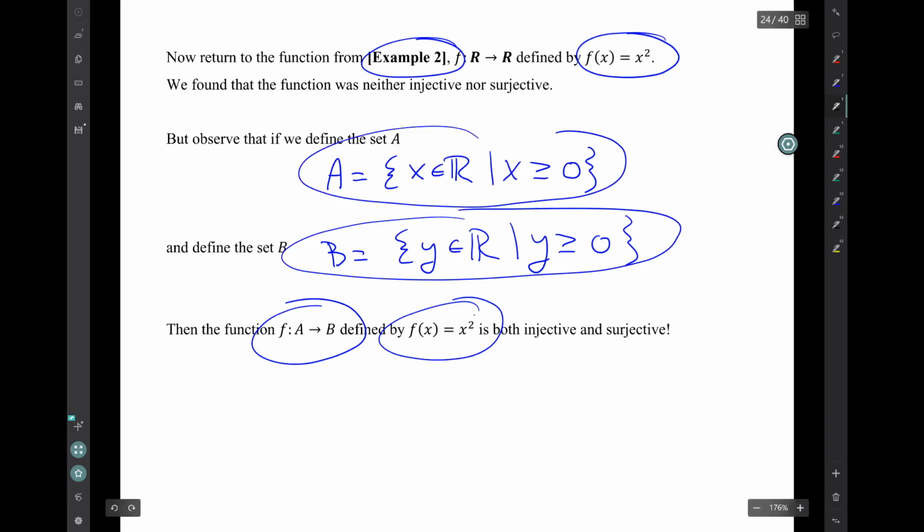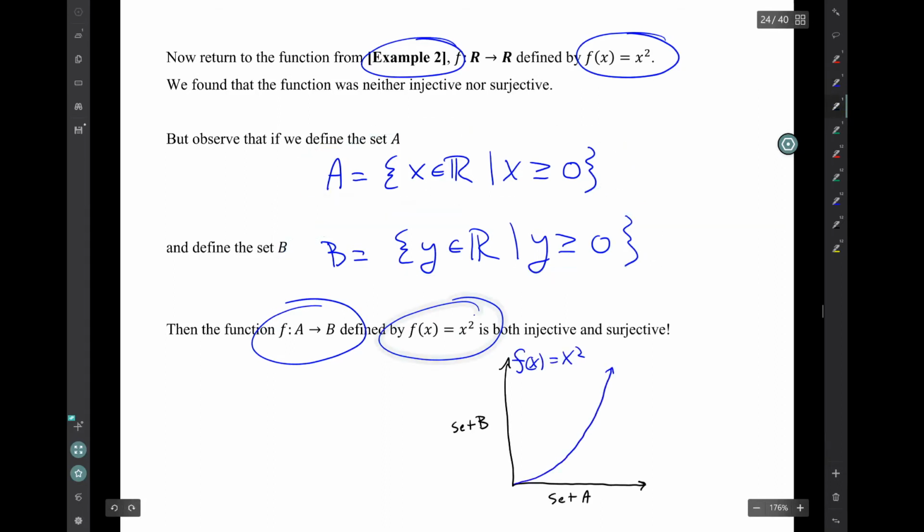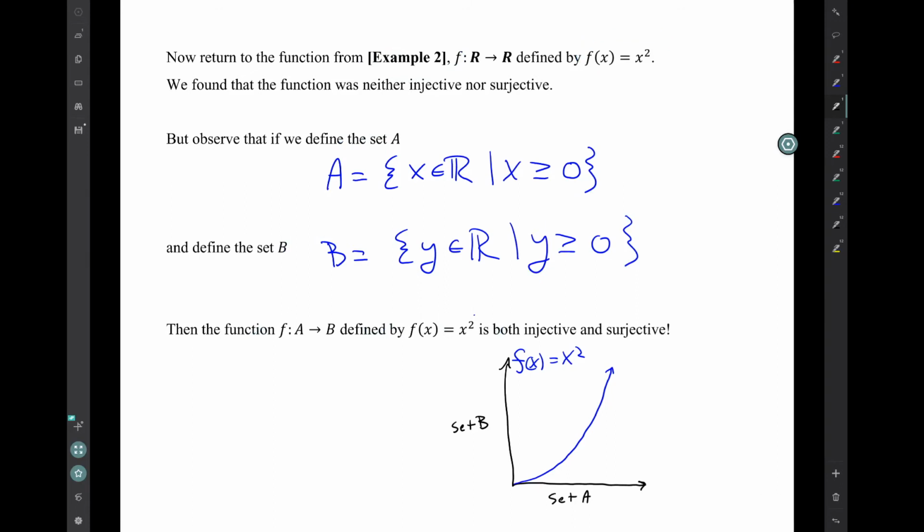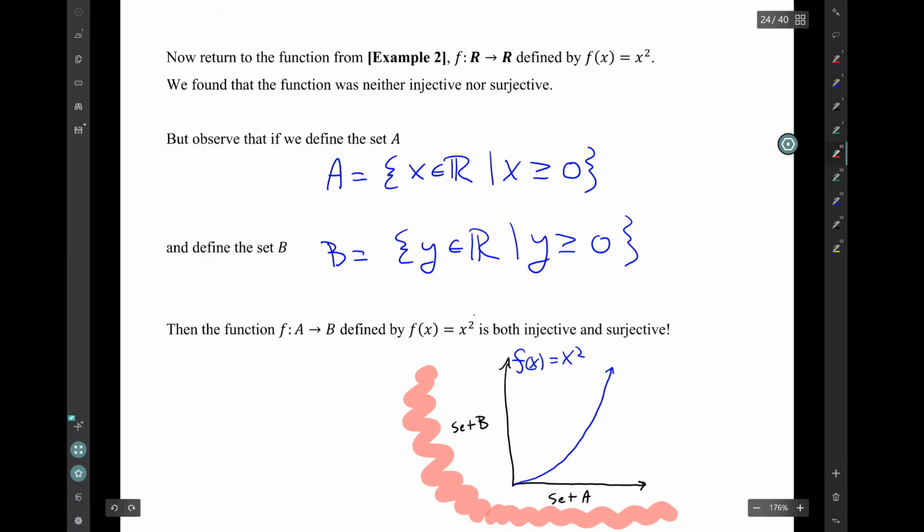Here, let's look at its graph. So here's a graph of f of x equals x squared. It's just the right arm of that parabola. And notice that I have not included anything down here, and I've not included anything out here. The whole world that we're interested in looking at is right here.